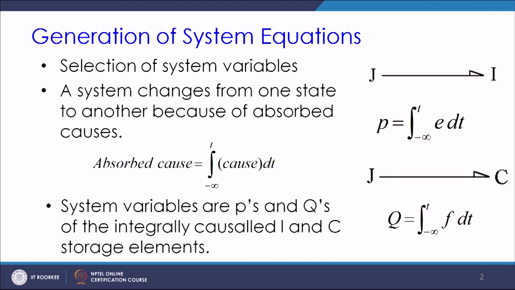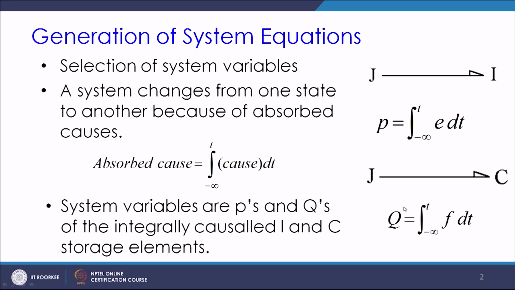Likewise, for the C element, it is the flow which is being integrated in order to get the displacement. So, it is the Q which is the absorbed cost here.